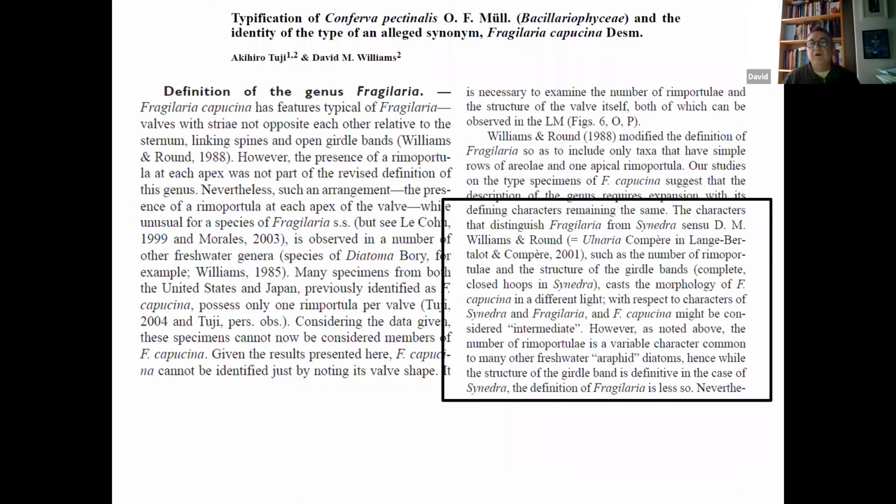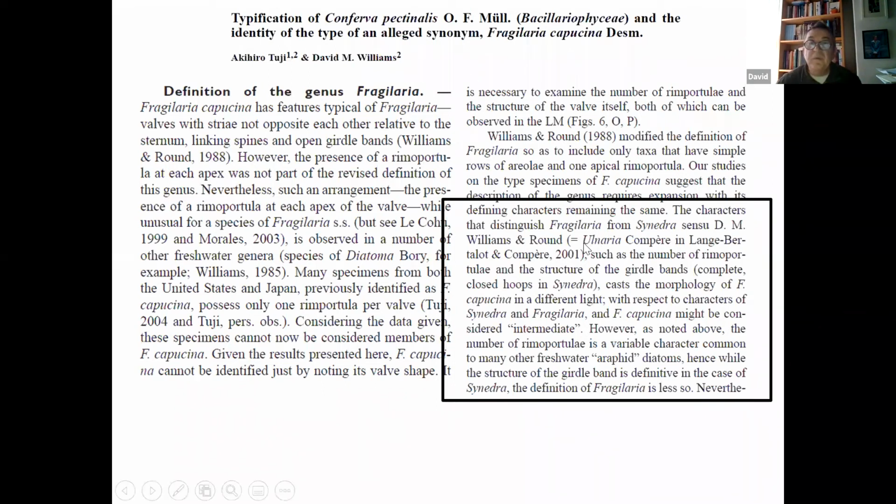Here's Aki and myself again. What we did later on, in another paragraph, is talk about Cynedra. What distinguishes Fragilaria from Cynedra? Everybody else has done this. I don't know why we did it, but maybe that helps. If we can't tell you what Fragilaria is, can we tell you what Cynedra is? And here we've put in brackets, if you can see, that it equals Ulnaria.